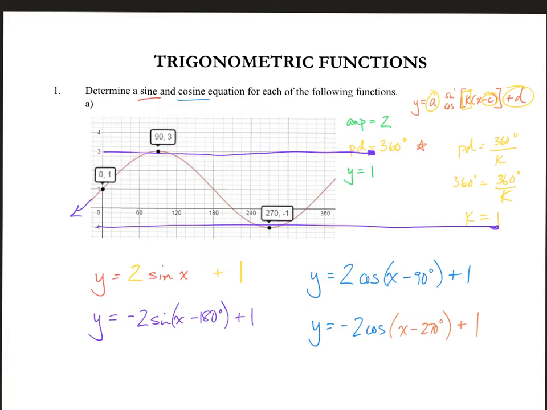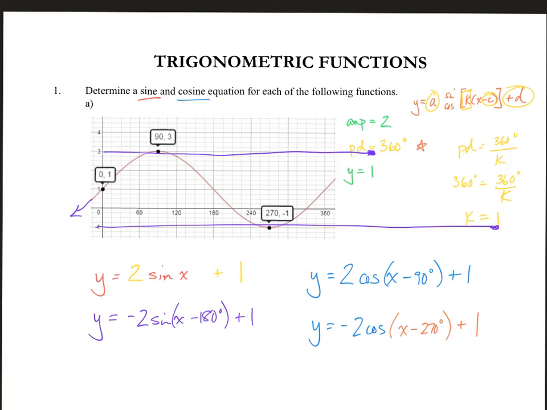Now, don't ask me why, and it's a weird thing that I have in my mind, but when I shift my curve to introduce my phase shift, when I shift it horizontally, I actually think about it as if it was like physical work. And so quite often to me, I want to shift it as little as possible.